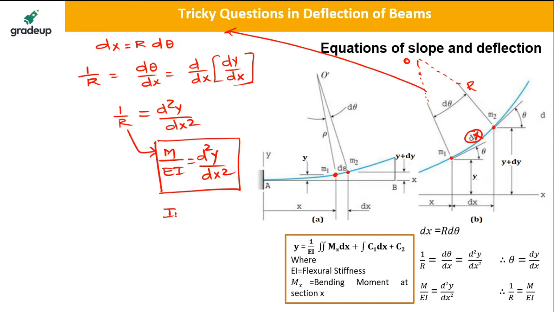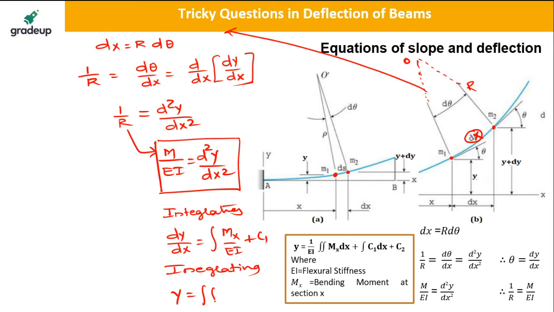Integrating once will give you dy by dx is equal to integration of mx upon ei plus c1, and integrating once again, you get y, which is equal to double integration of mx upon ei plus c1x plus c2. This is the formula that you will be getting to find out the deflection.